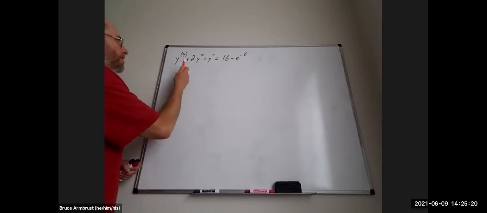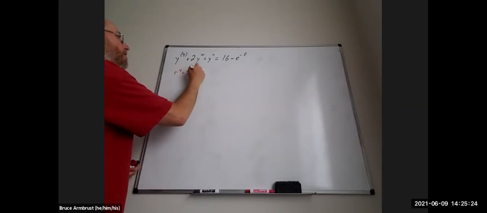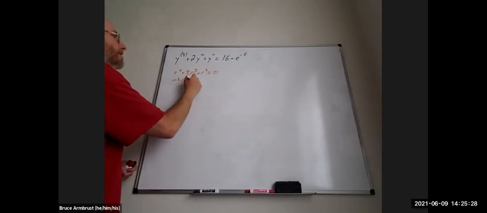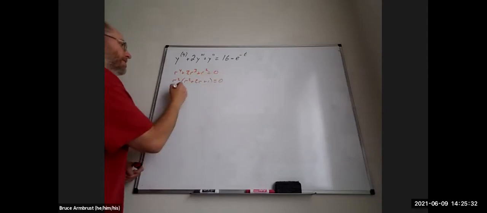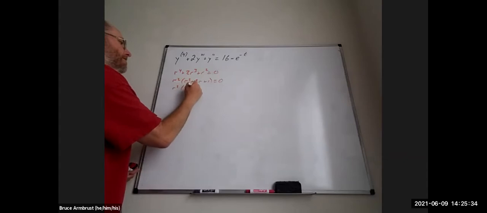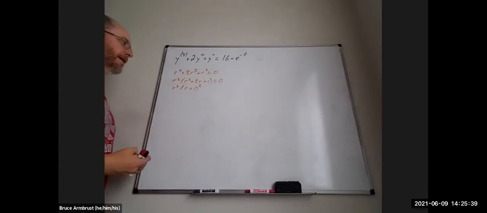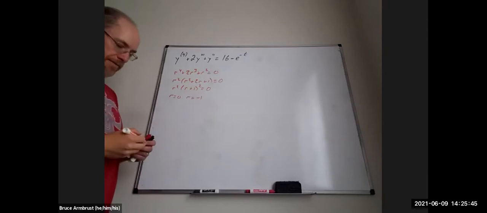So we create our polynomial: r to the fourth plus 2r cubed plus r squared equals 0. Factor out the r squared: r squared plus 2r plus 1, that also factors to r plus 1 squared. So we get r equals 0 and r equals minus 1.